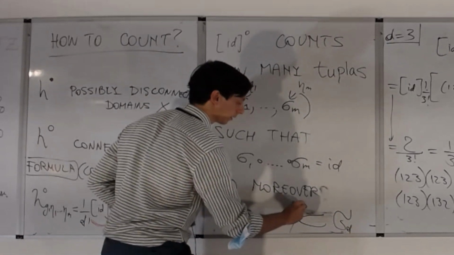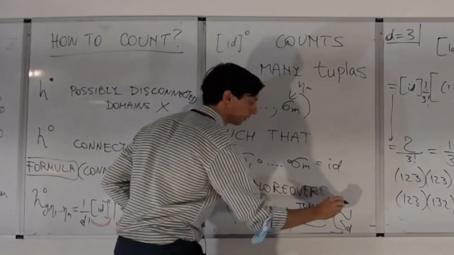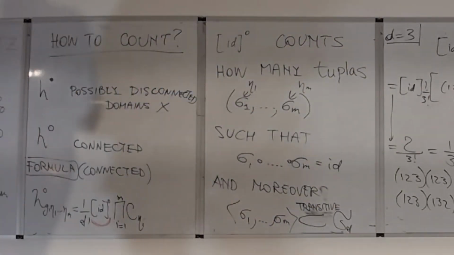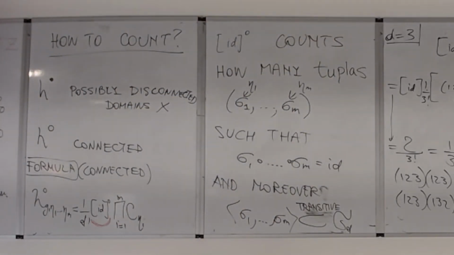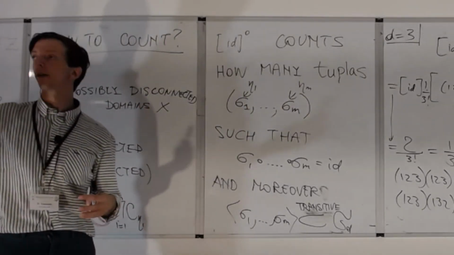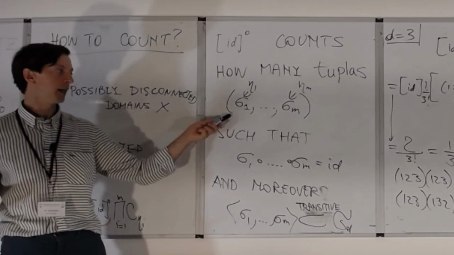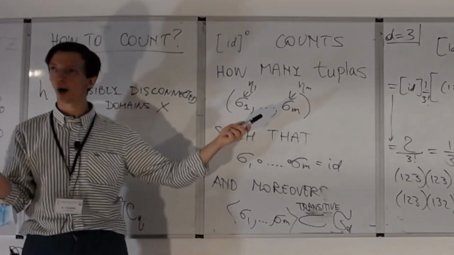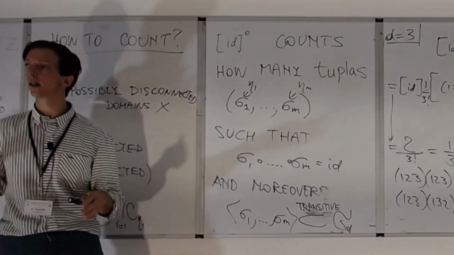Transitive, which means the following. Imagine we are all these people in the room, and now we start shuffling, like changing places, and these sigma i's are permutations of us. You don't want anyone that stays alone. So you want to count these tuples, and only that. Each of these will contribute 1. But you only want to count the ones in which nobody stays still on the table.